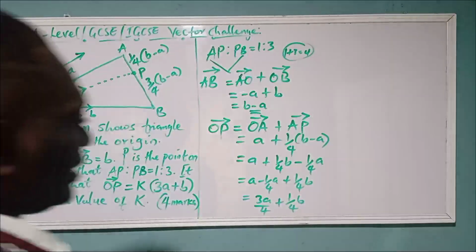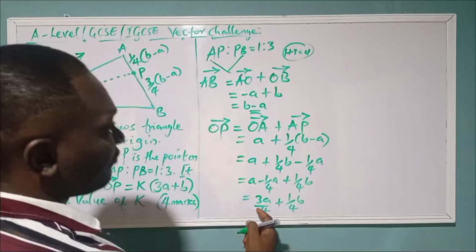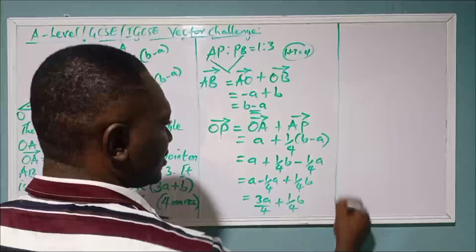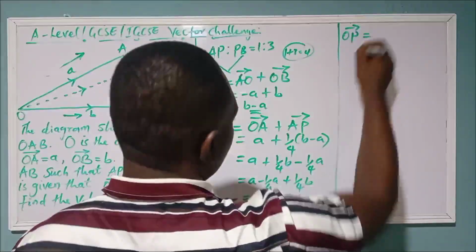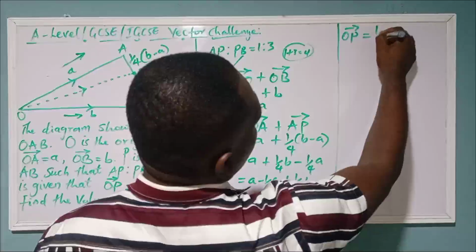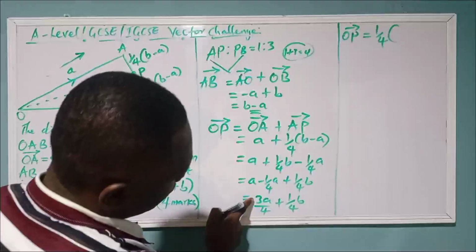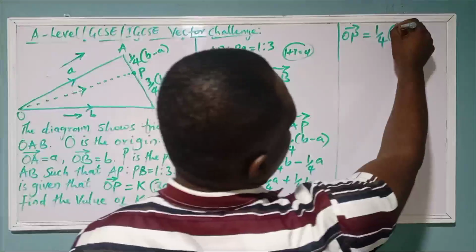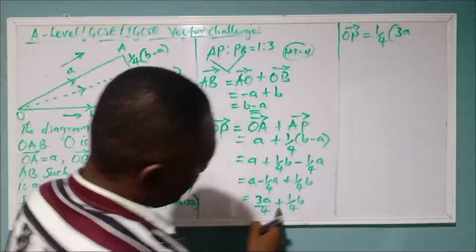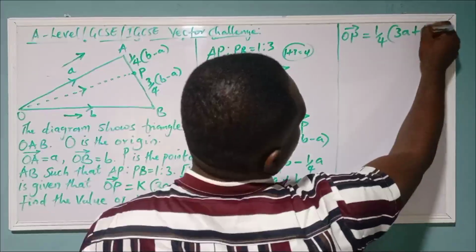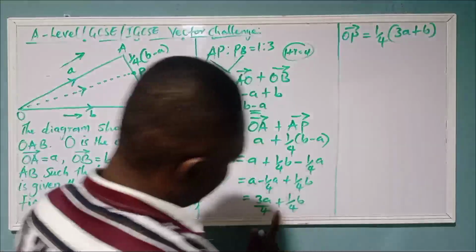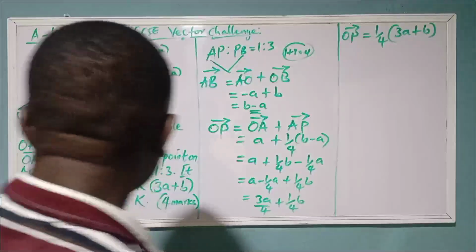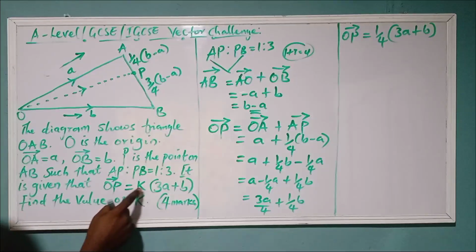Now, if I factorize 1/4 from this, I should have OP equal to 1/4 into 3A plus B. Meaning if I expand this, I'll still have this back. In the question, they say OP is equal to K(3A plus B).